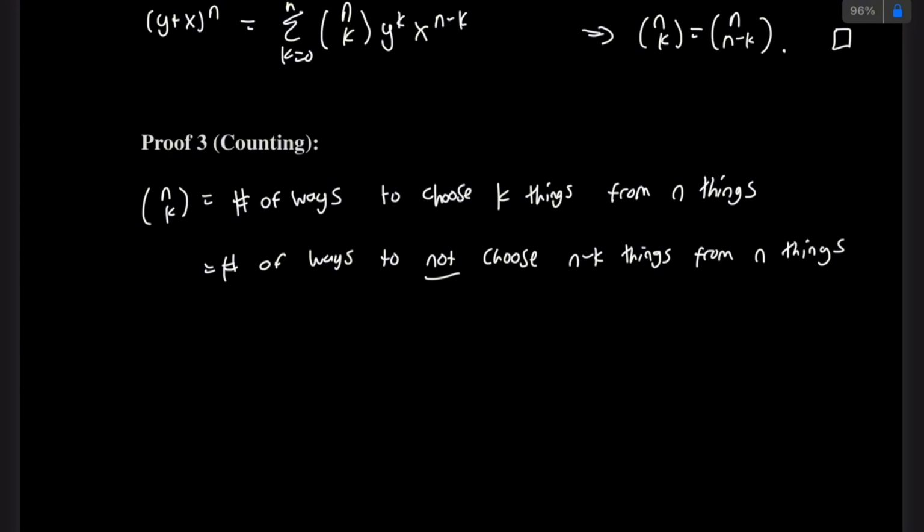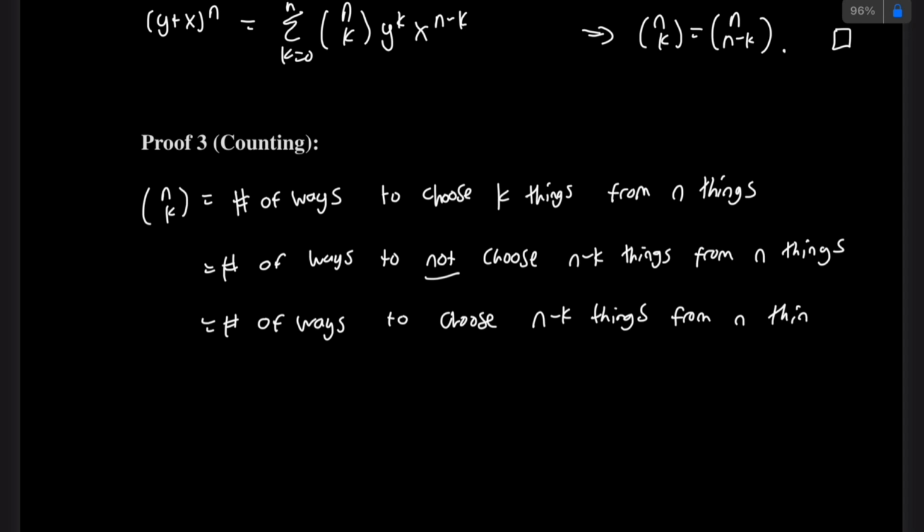You can imagine if you are, let's say, choosing 3 students for a student committee from 5 people, that's the same as essentially choosing the 2 that won't be on the committee, okay? But then what's the number of ways to not choose n minus k things from n things? This is basically just the number of ways to choose n minus k things from n things, right?